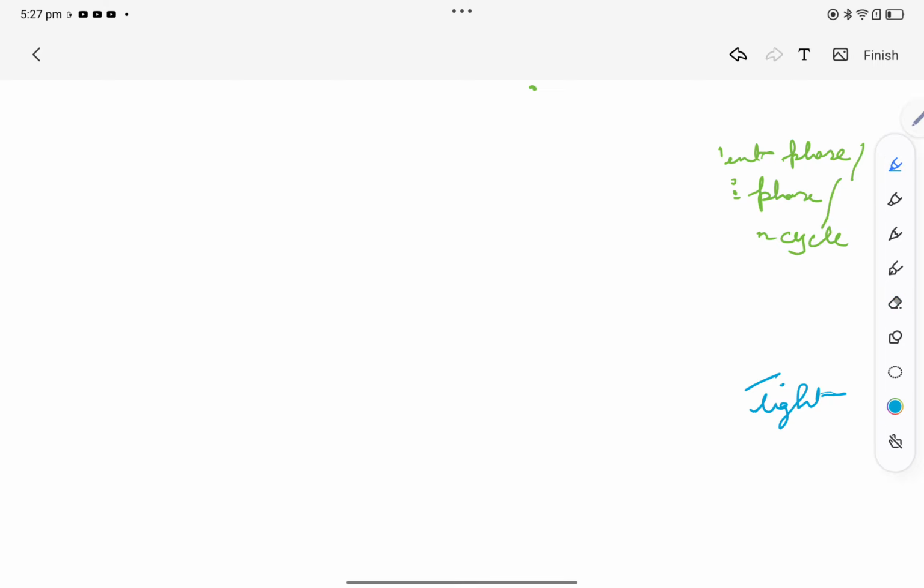First, we have step 1, which is activation of chlorophyll. I'm writing CH for chlorophyll. Chlorophyll absorbs light energy in the form of photons.